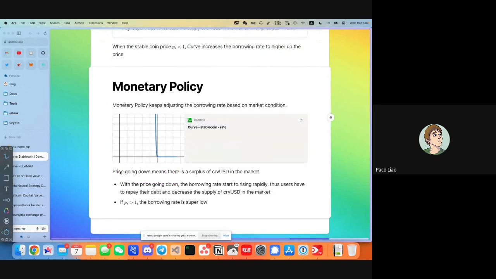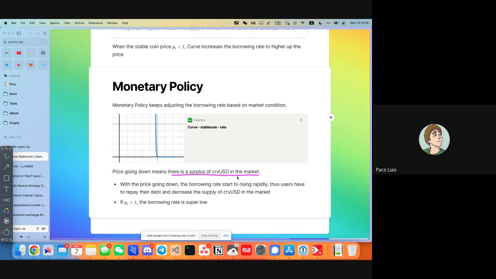If the Curve USD price goes down and is lower than 1, that means there is too much Curve USD in the market. There's a surplus of Curve USD in the market. So we want to let users burn their Curve USD and repay their debt, so we can decrease the supply of Curve USD in the market.